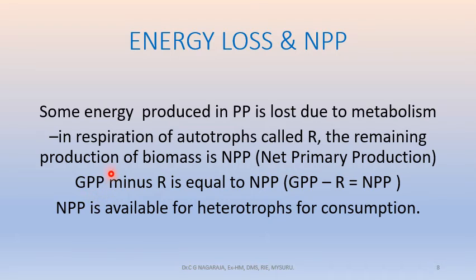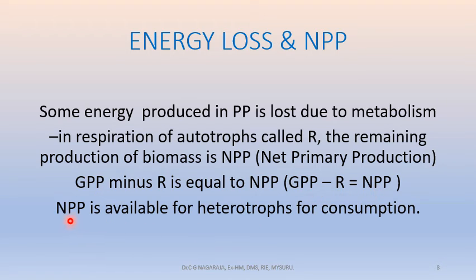GPP is the short form for gross primary production, minus R, the respiration, is equal to NPP, net primary production. The formula will be GPP minus R equals NPP. Maybe in the examination they may ask you to express this formula.